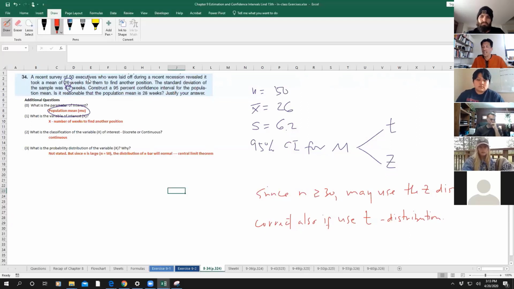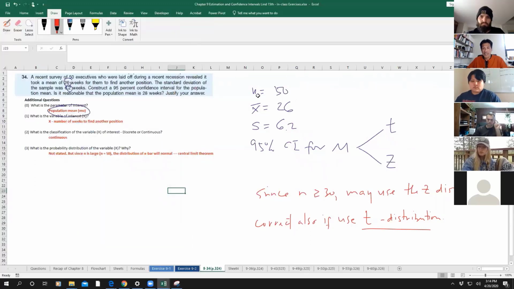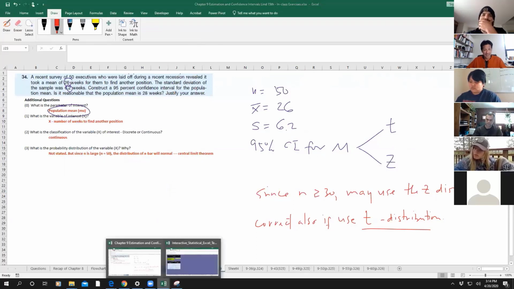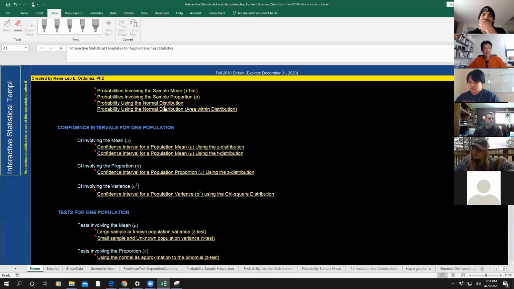Okay, so first let's use the t distribution in solving this problem. Please remember these numbers, so when I input these into the template, we'll have it correctly. I'm going to compute the confidence interval for the mean using the t distribution.